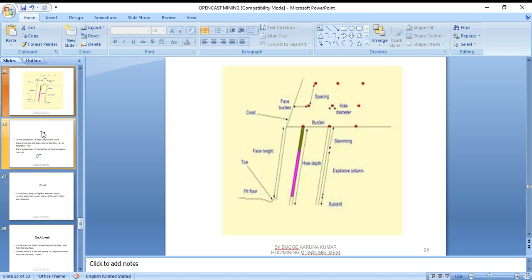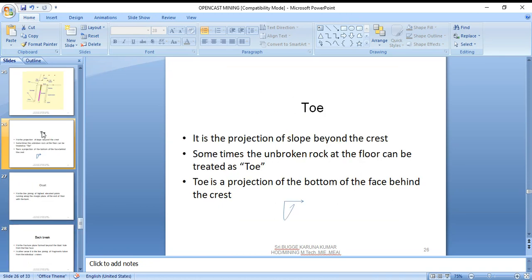Next, toe is one factor. There is the projection of the slope behind the crest. You have where the crest should be, for example 10 meters, but over the crest another 0.2 or 0.6 meters of material will remain.